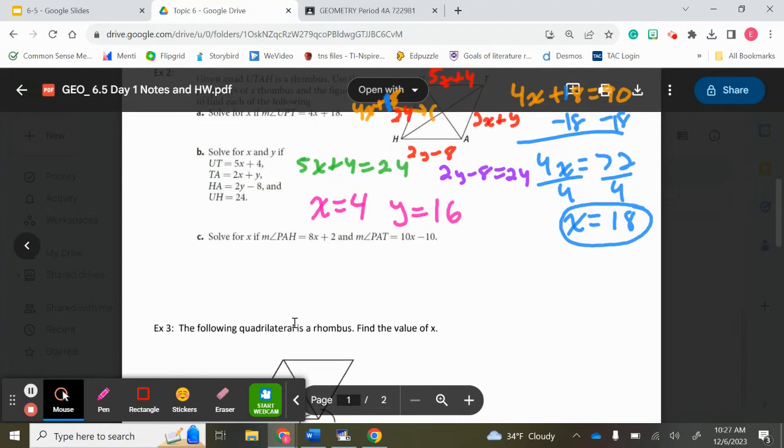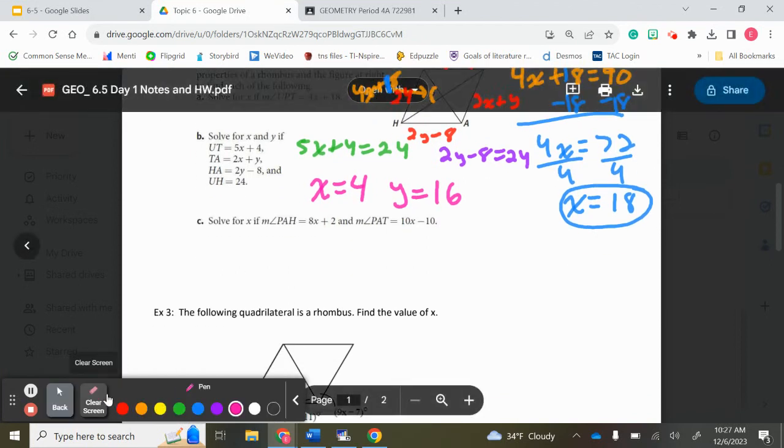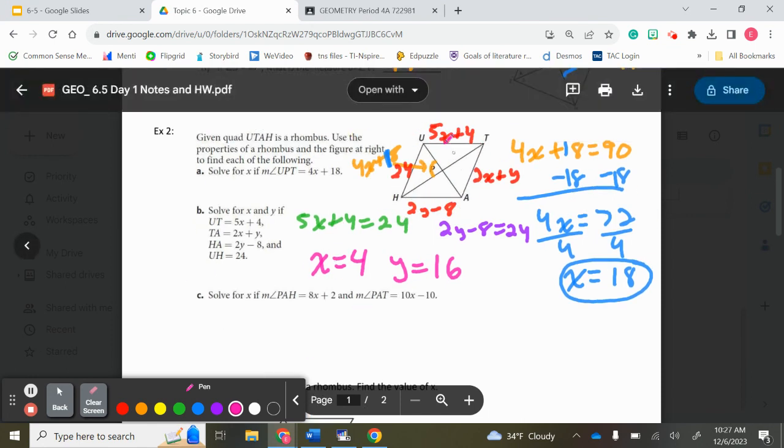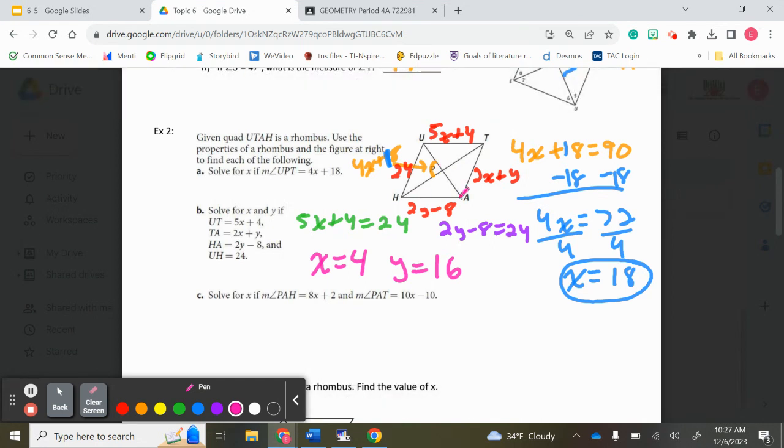All right, let's take a look at letter C. It says solve for x if the measure of angle PAH equals 8x plus 2 and the measure of PAT is equal to 10x minus 10. Looking back up here, P to A to H is this little angle right here, and P to A to T is this little angle right here.